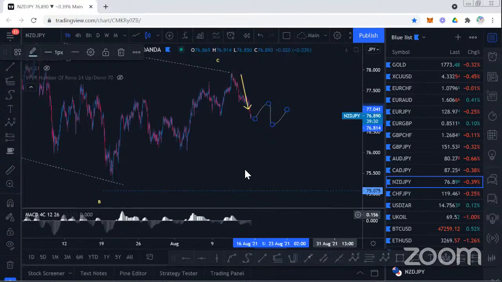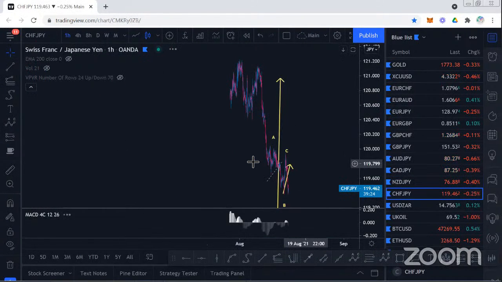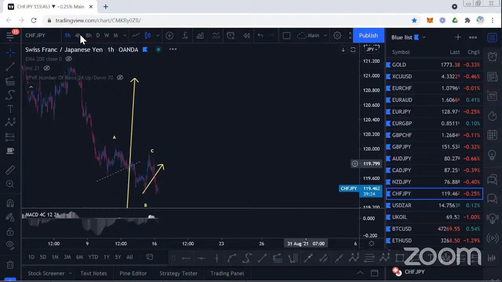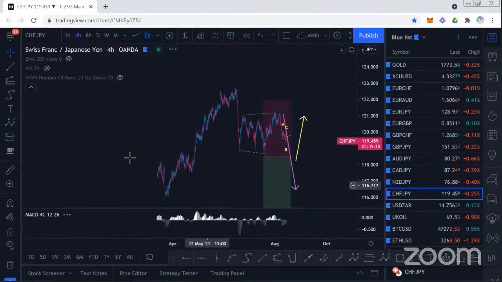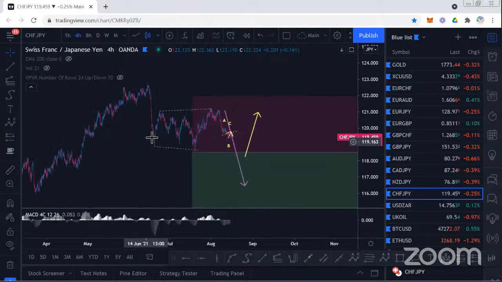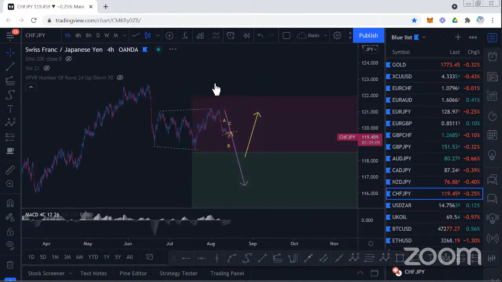Then Swiss yen. We still liked it, just to zoom out and remind you what we were looking for. This A wave up, ABC down, A wave up, that's your ABC structure. We were looking for a lower time frame corrective structure to get into the trade.